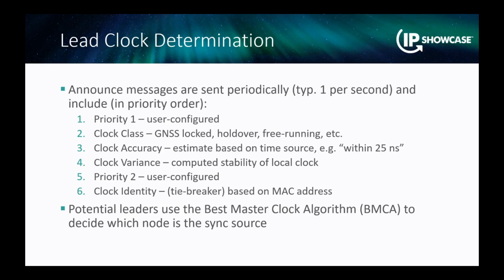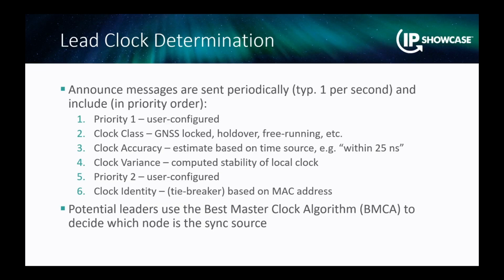So in this case, there's a specific value that's used for I'm locked to GNSS. Let's say something happens. We have bad weather, we have a bad signal, and that signal degrades. If our first grandmaster that is synced to GNSS goes into holdover mode, the clock class changes value, right?